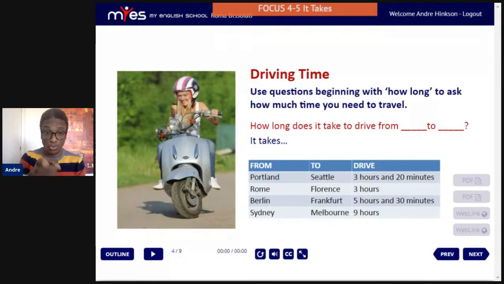And to, we've got Seattle, Florence, Frankfurt, and Melbourne in Australia. And then we have the time for driving a car. We have 3 hours and 20 minutes, 3 hours, 5 hours and 30 minutes, and 9 hours. So we have to determine how long it takes to travel from one city to another.